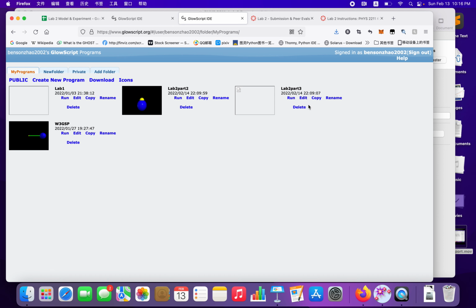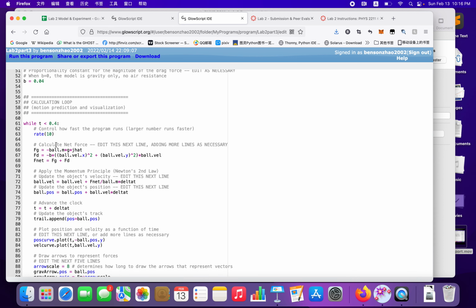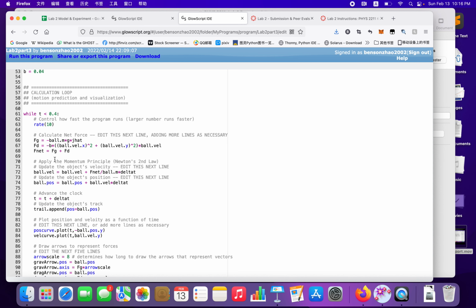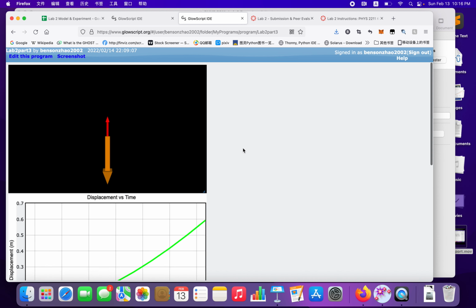And in our second model, we take account of the drag force. As you can see, the formula is the constant B times the square of the speed magnitude and times the velocity. And we take both factors into the net force, and we come out with the result like this.